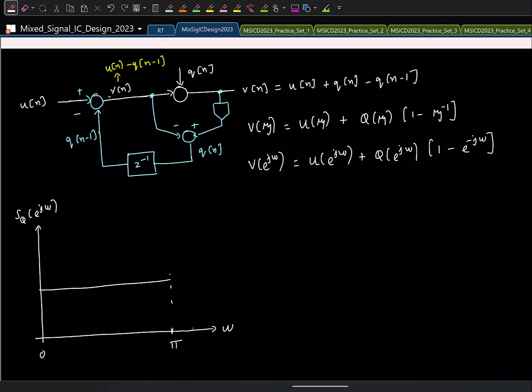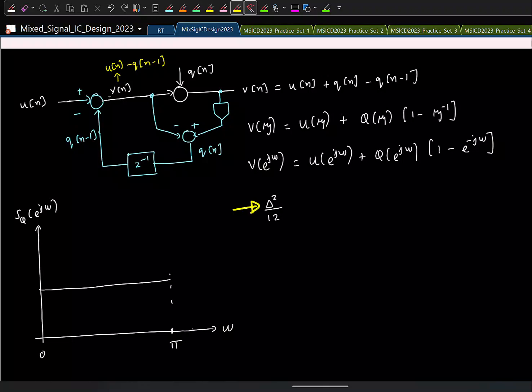And what will be the mean squared value of this quantization noise? The mean squared value or the variance of the quantization noise, what is that? Delta square by 12. You corrected. So this is delta square by 12. From the power spectral density, how will I find this mean squared value?